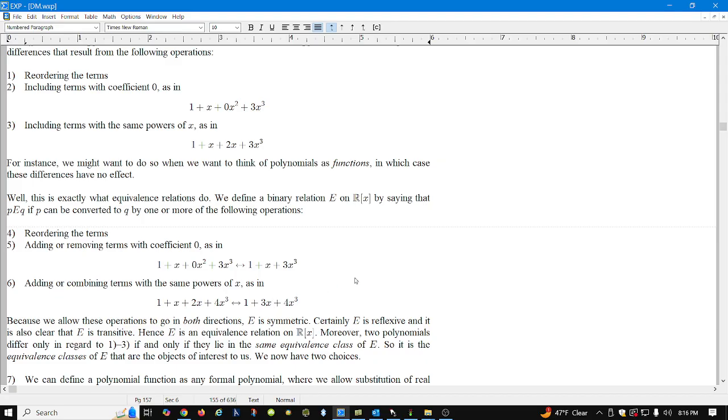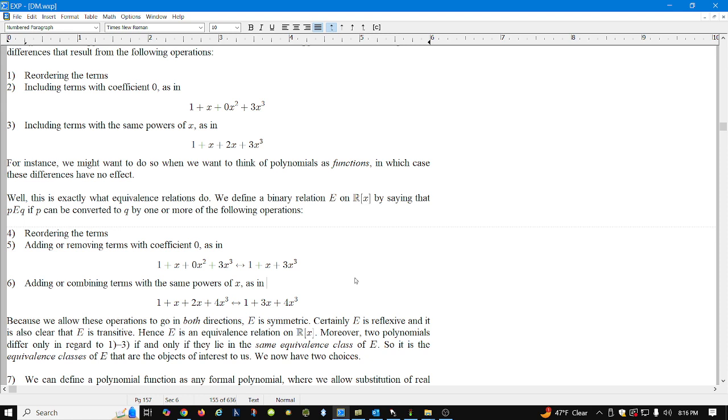Now, let me say this again. This is a binary relation. P is related to Q if you can turn P into Q by applying as many of these, finitely many of these, as you want.